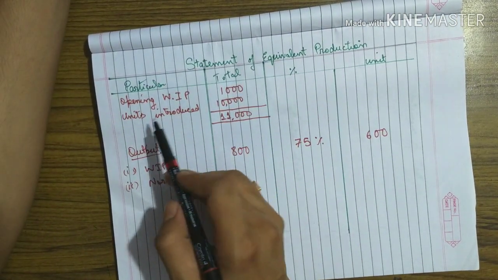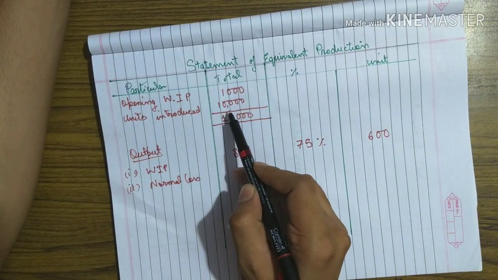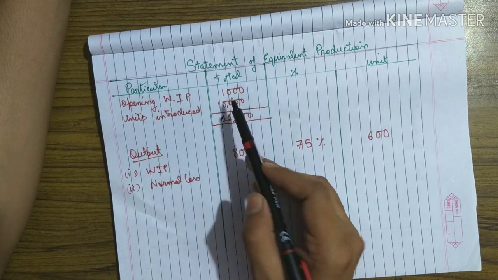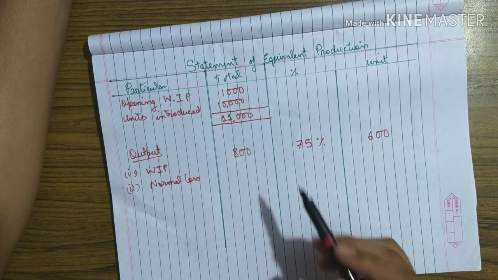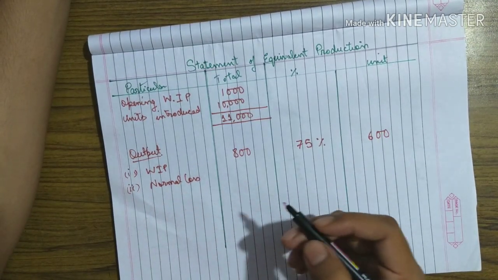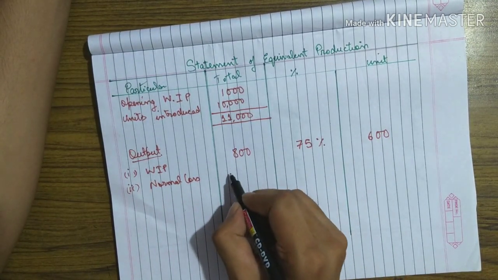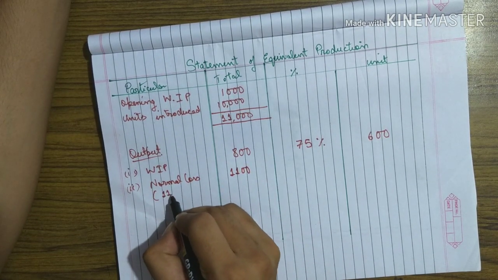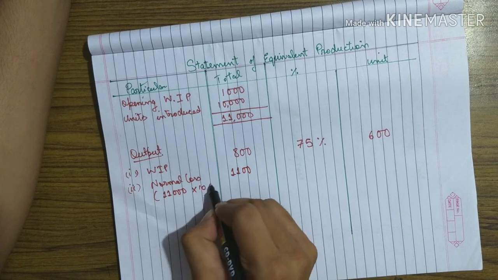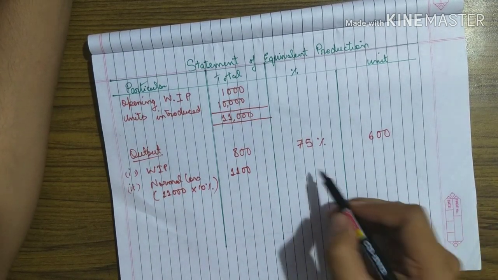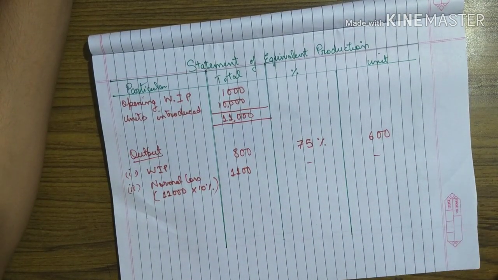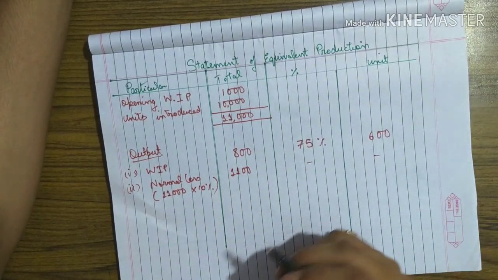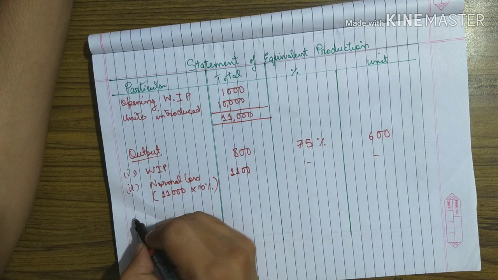So total inputs, which is 10,000, and units in the opening is 1,000, which is a total of 11,000. So 10% of 11,000 is 1100. As it's normal loss, the equivalent unit values are not included because normal loss is predetermined.